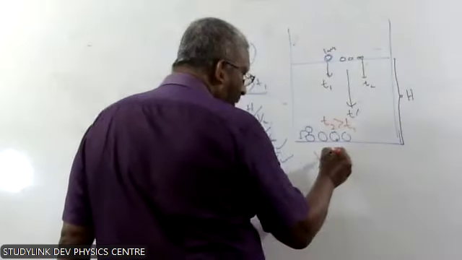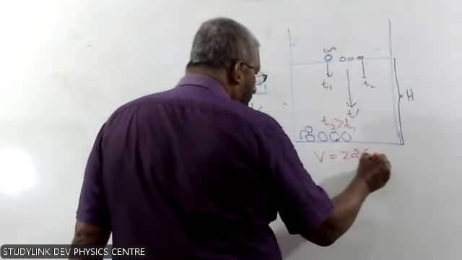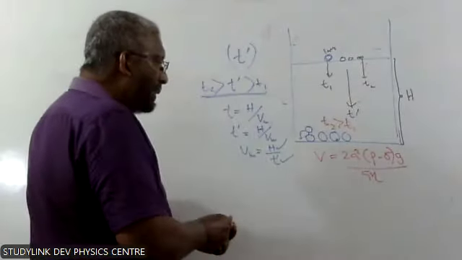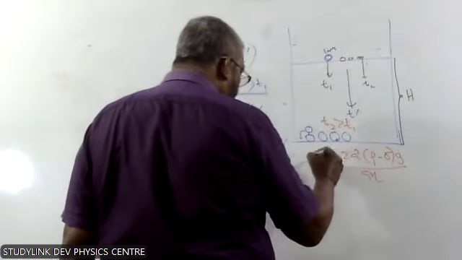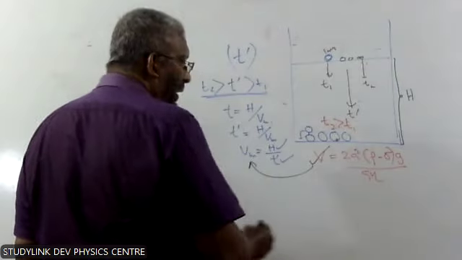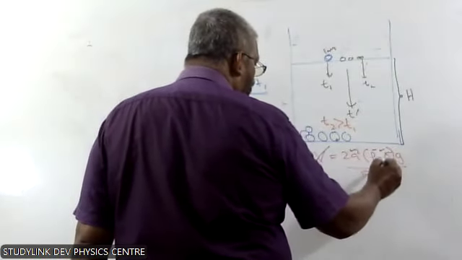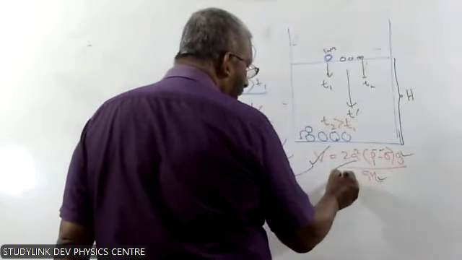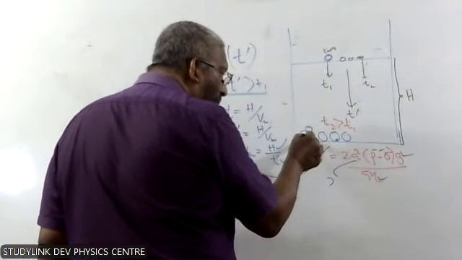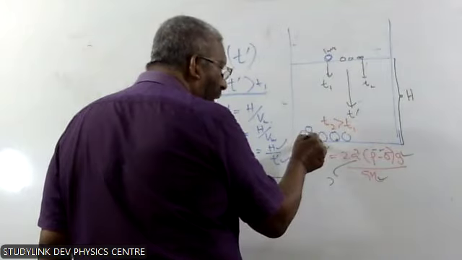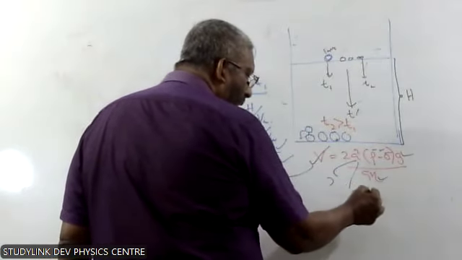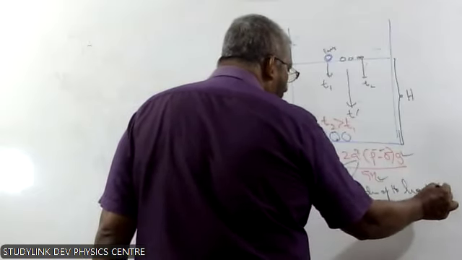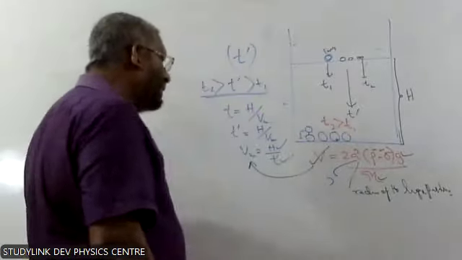So V is equal to 2a squared (rho minus sigma) g over 9 eta. Here terminal velocity is found. Sigma, rho, g and eta are known. Sorry, a is not known; we can find a. It is the radius of the largest particle still in suspension, but it is near the bottom.